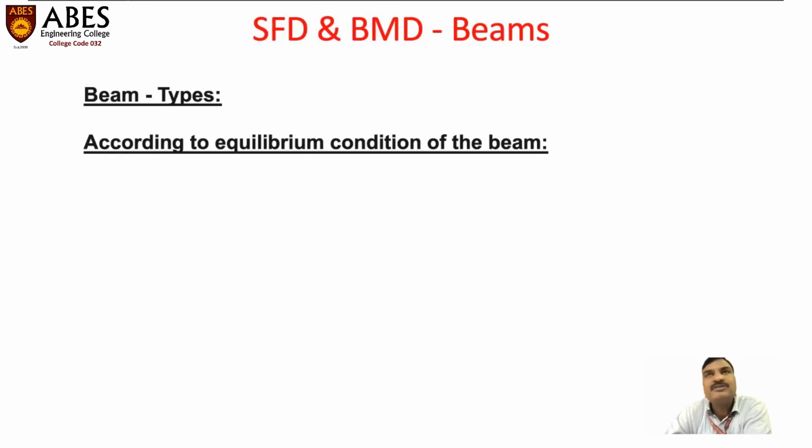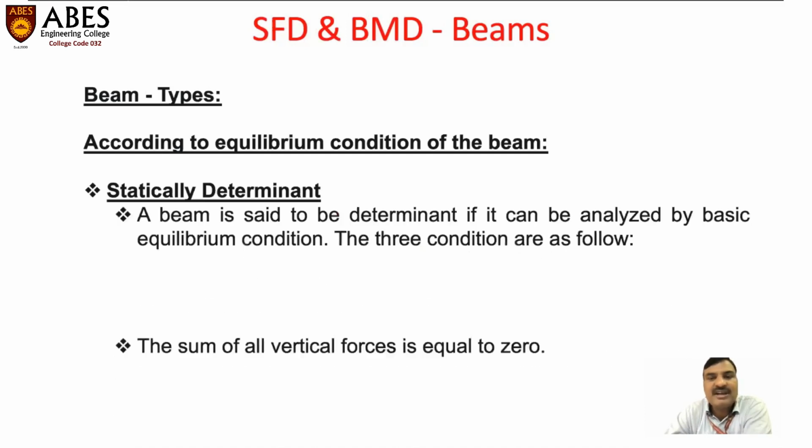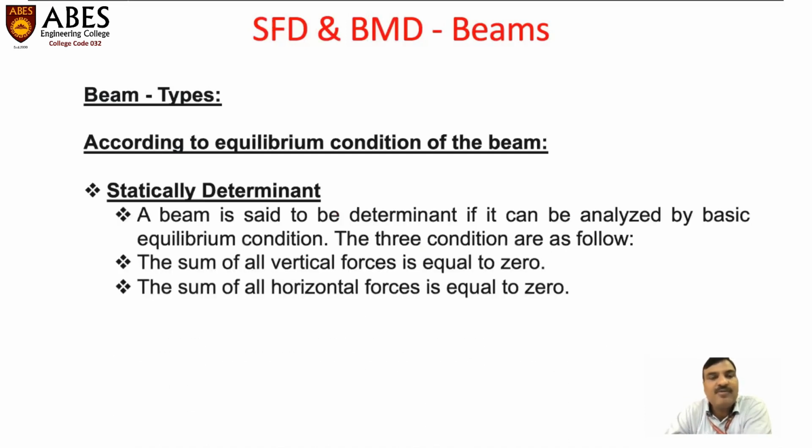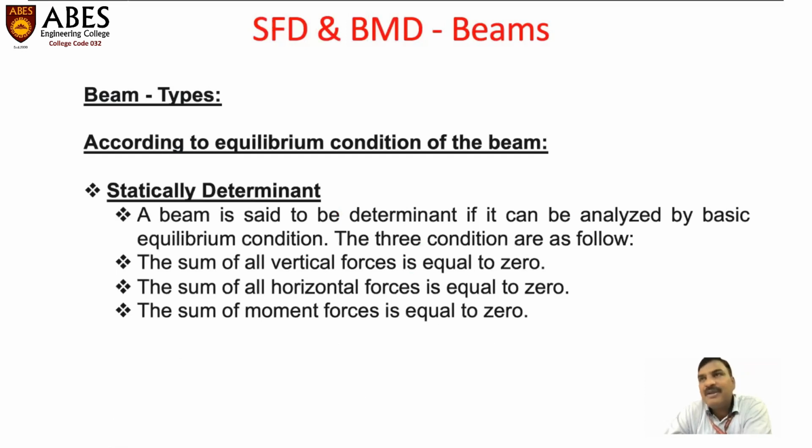The summation of all the moments acting on the beam should be zero. If all these three equilibrium conditions are satisfied, then we call that type of beam a statically determinate beam. It means that all the unknowns can be easily calculated.